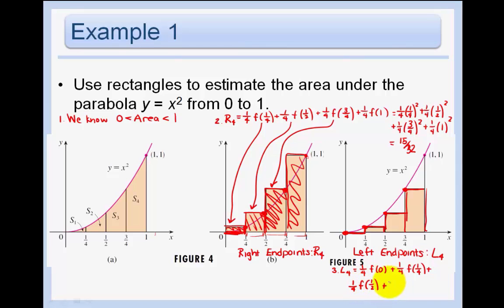And my last one is at 3/4. You see that? Because I'm going left. So that's the last one that I make. And that should come out to 7/32. And that is clearly an underestimate. There's a lot of white space here.